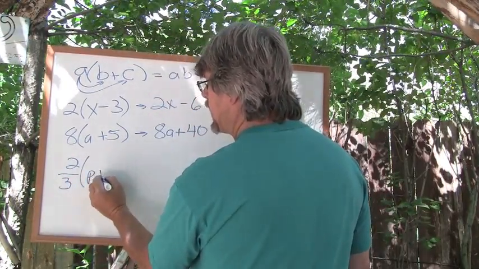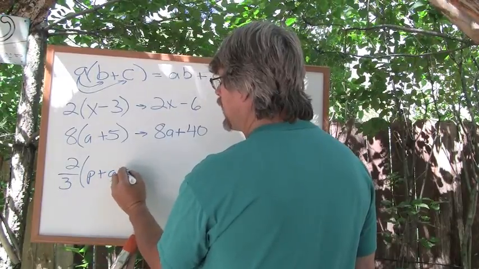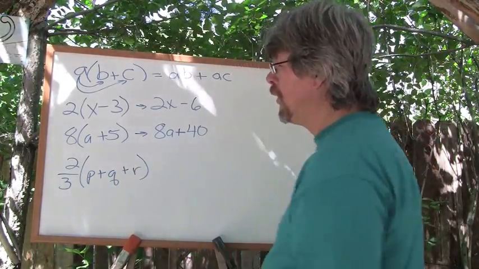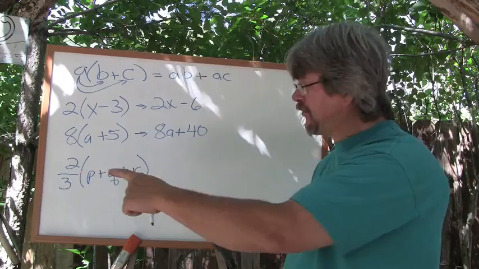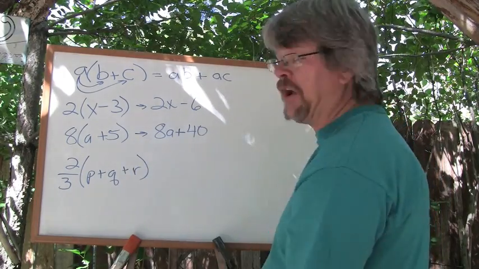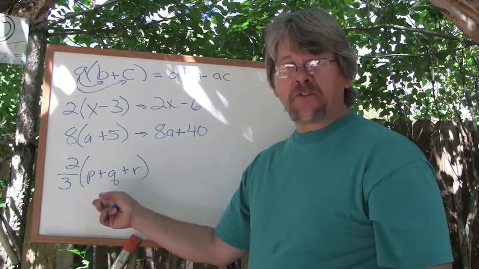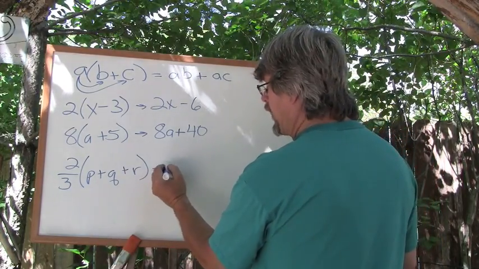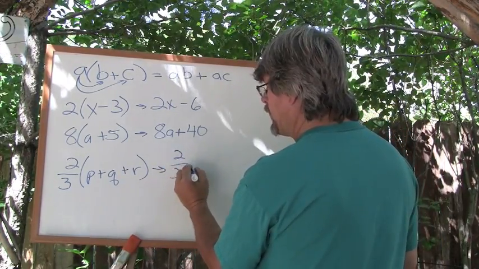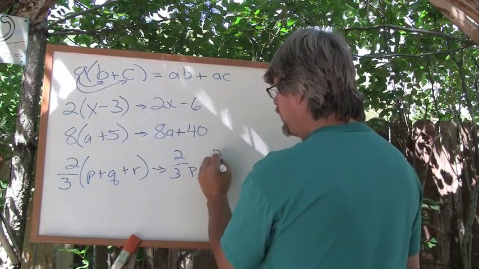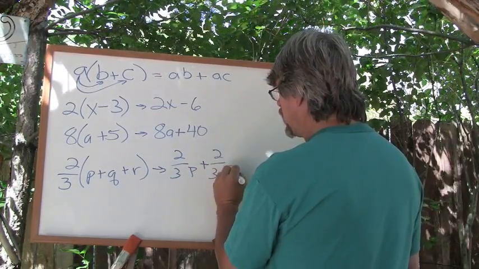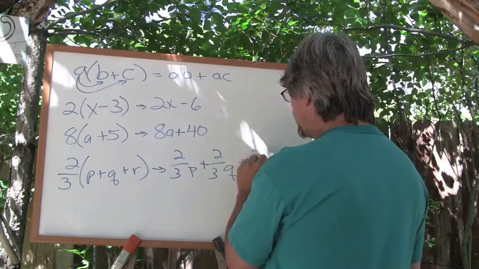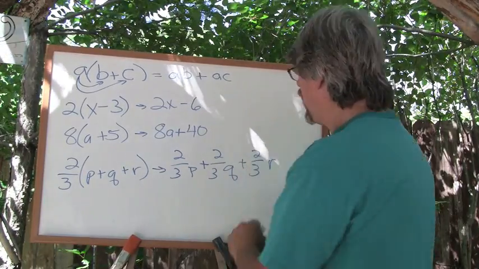2/3 times (p plus q plus r). We distribute the 2/3 fraction into each one of the terms. Whether they would be variables, numbers, etc. is irrelevant. It all works out to where it's 2/3 p plus 2/3 q plus 2/3 r.